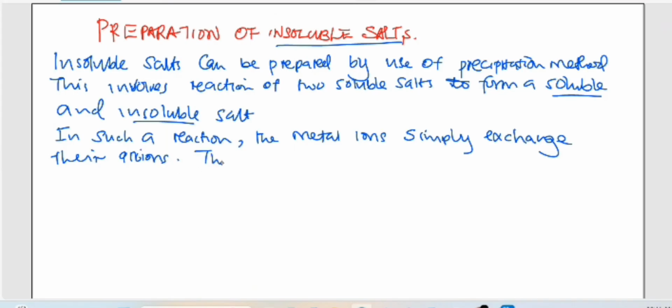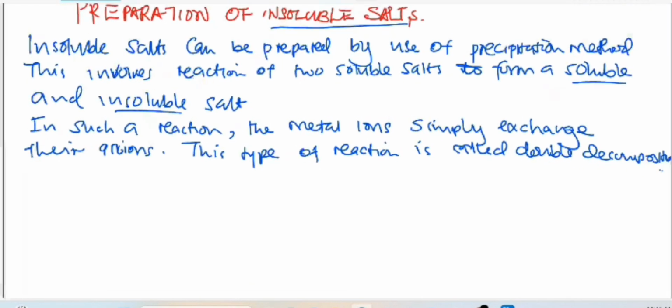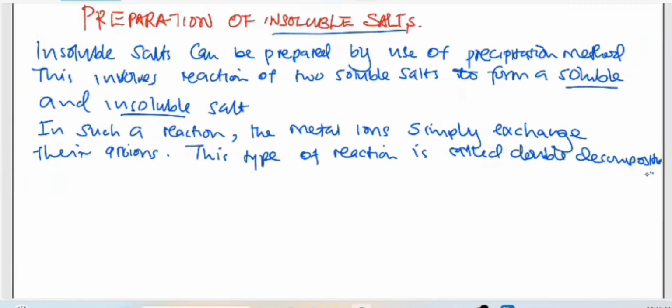And this type of reaction is called double decomposition. It is also the one that we call the precipitation method.